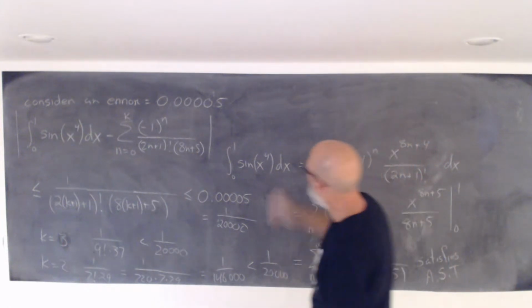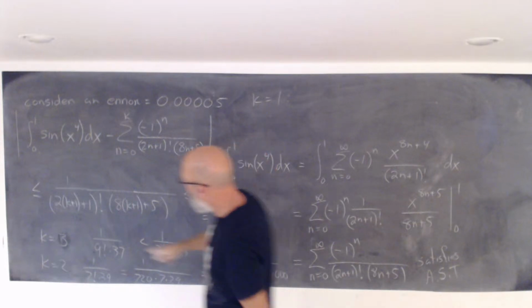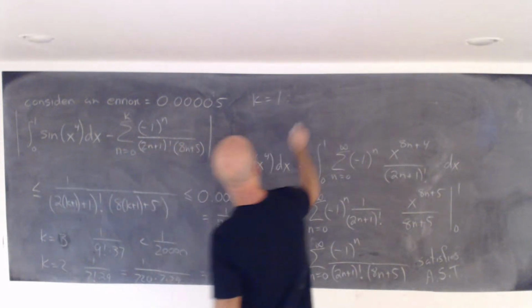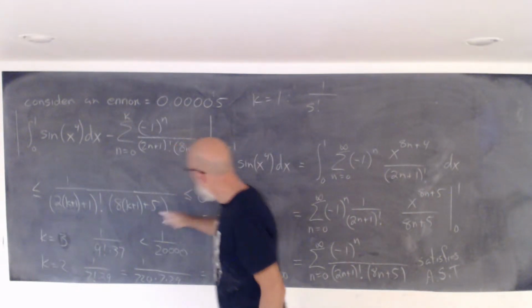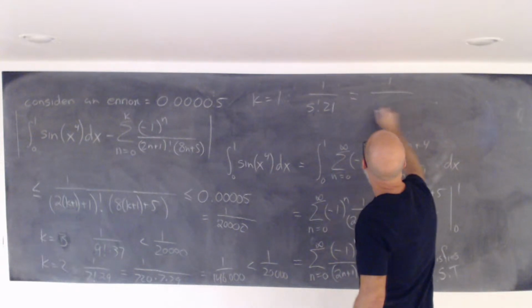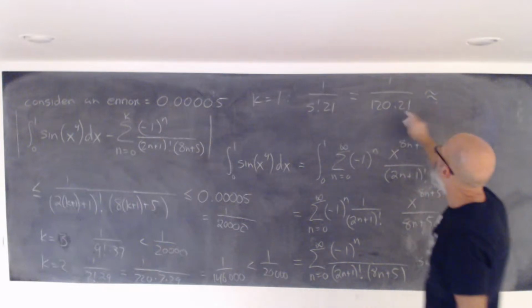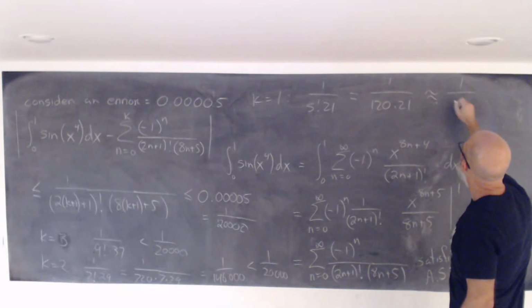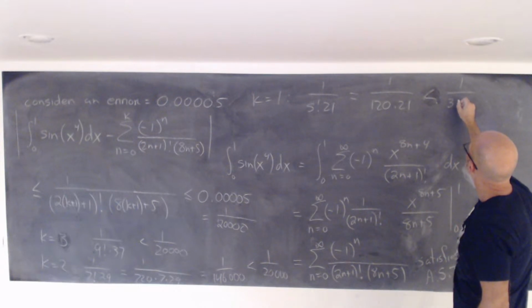If k is 1, so that's 5 factorial, 120 times 21. That's going to be about 2,000.